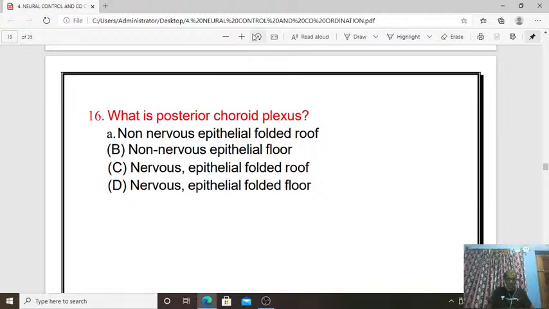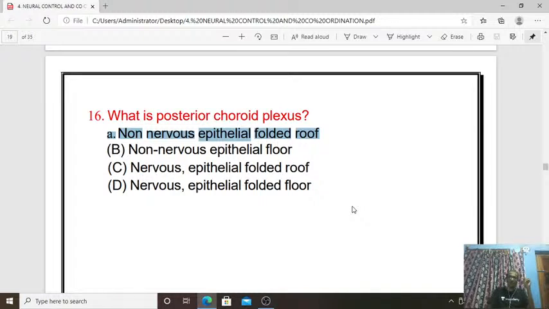It is a non-nervous epithelial folded roof-like structure, where a network of blood vessels is observed in each ventricle of the brain, producing the cerebrospinal fluid.